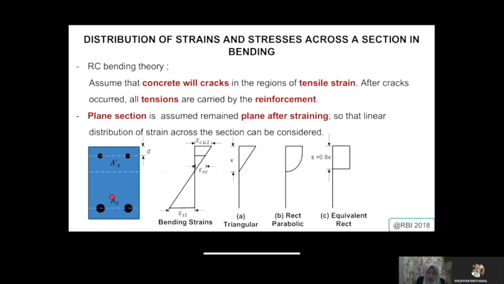This is what is experienced by the beam with this reinforcement. You have strain epsilon cu, which is the ultimate concrete strain, and then you have the strain for steel at compression, where C is meant for compression. We also consider the strain epsilon st, which is the strain of steel at tension.